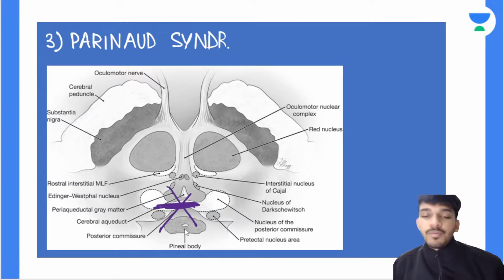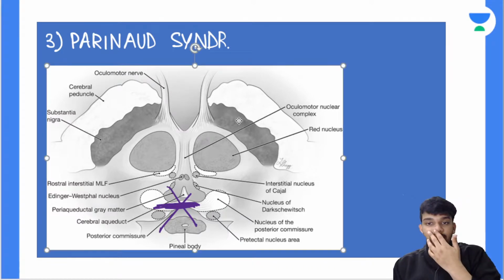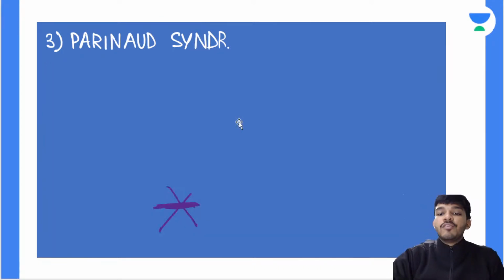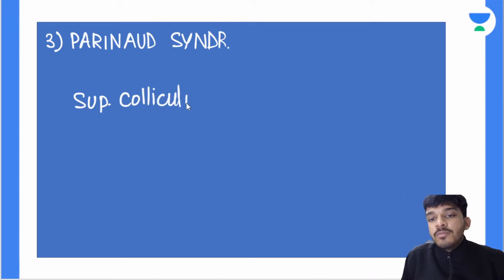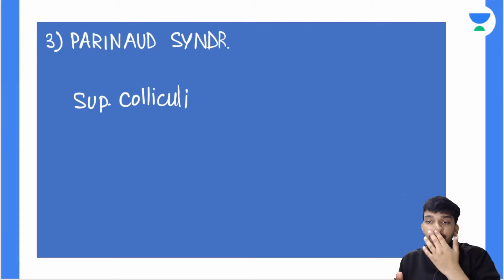So this gets damaged. Now think of it in this way, that you have basically damaged the communication of both superior colliculi. So you are essentially affecting the functions of the superior colliculi. Now superior colliculi is important for coordination between the two eyes, right?